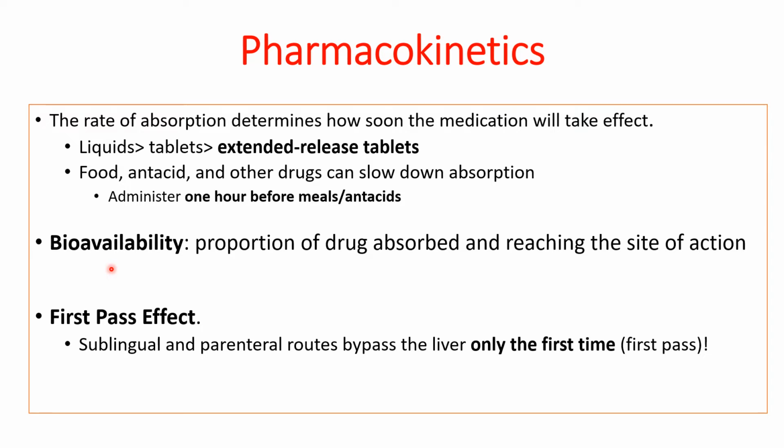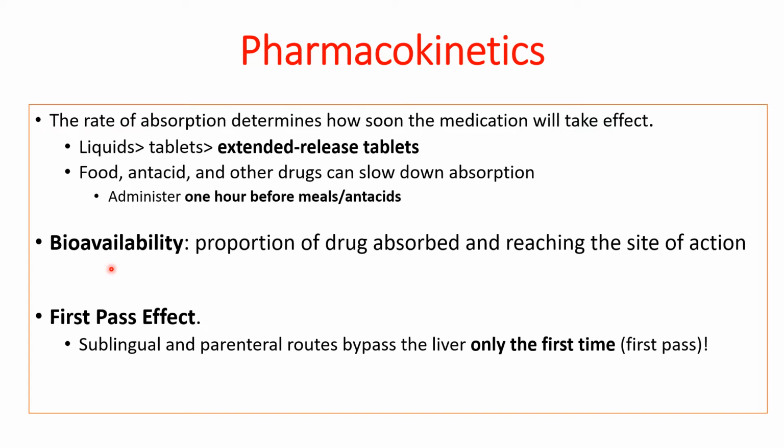So everything that is absorbed in the intestine must go directly to the liver. In the liver is where we have all those enzymes that destroy medication, the cytochrome P450, etc. Those enzymatic systems destroy most of the medication, and just a small amount survives and can then reach the systemic circulation and then reach the site of action.